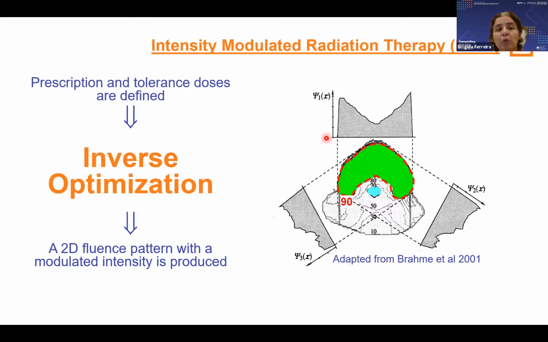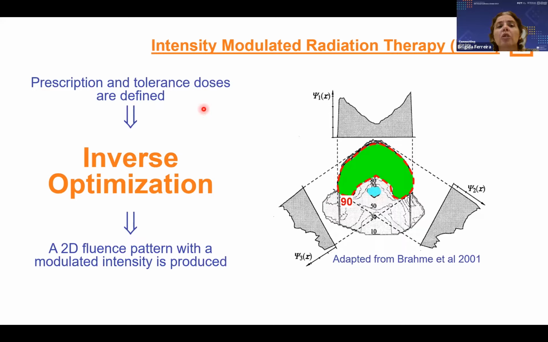So when we want to perform an IMRT plan, an intensity modulated plan, this is a schematic representation of a head and neck tumor, where what we want to irradiate is the green structure, the target volume, and what we want to spare is the spinal cord.